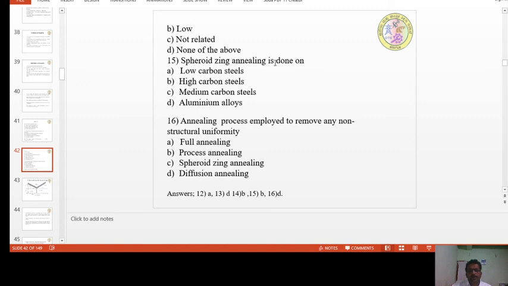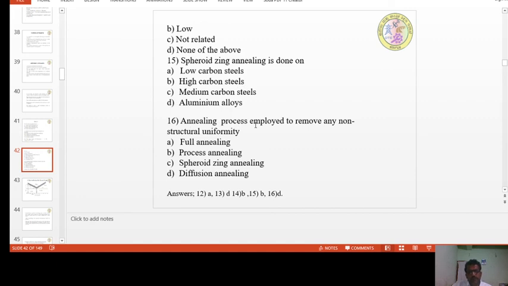Spheroidizing annealing is done on low carbon steels, high carbon steels, medium carbon steels, and aluminum alloys. D is not at all related. Low carbon steel cannot be done. Why? Because the carbon content is less here, and we are left with two things: high carbon steels and medium carbon steels. Spheroidite formation is possible very much in high carbon steels. Hence, the answer is high carbon steels.